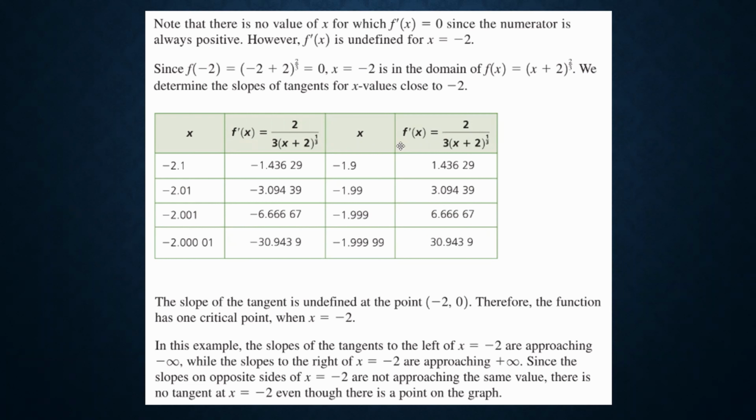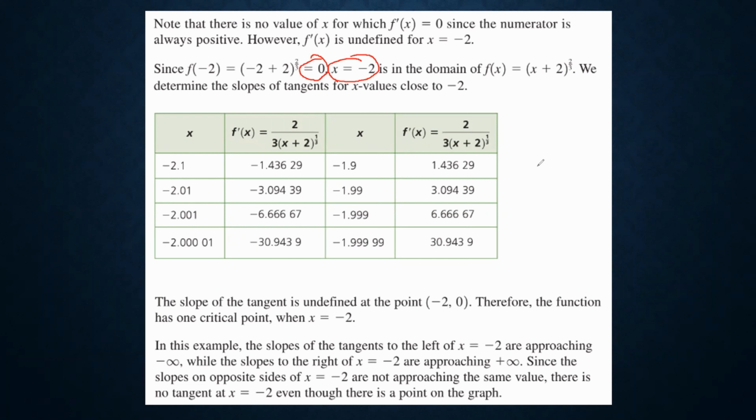Okay, so let's move on. I'm going to explain this now. Let's read first: the slope of the tangent is undefined at the point (-2, 0). Do you understand why it's (-2, 0)? -2 is the value of x, the critical point, and 0 is the value of the initial function at this point.